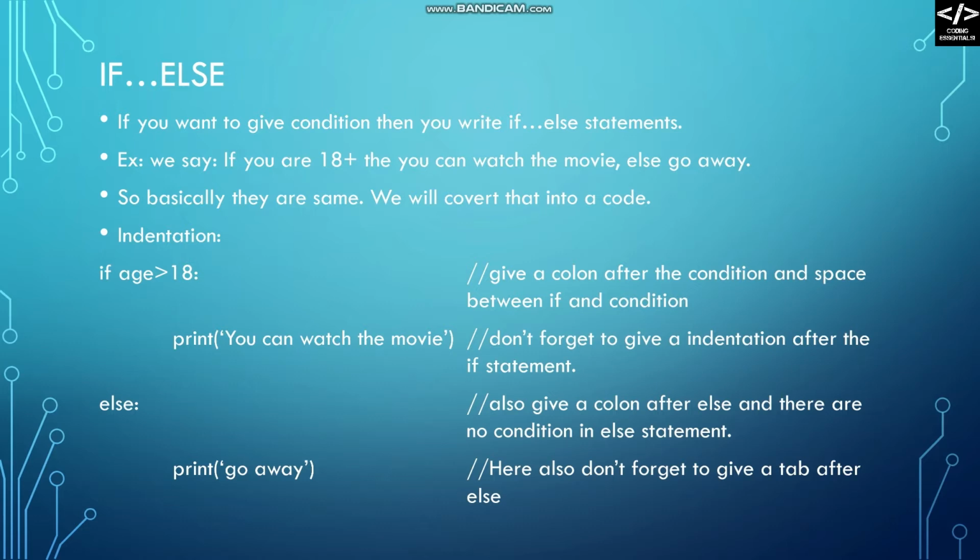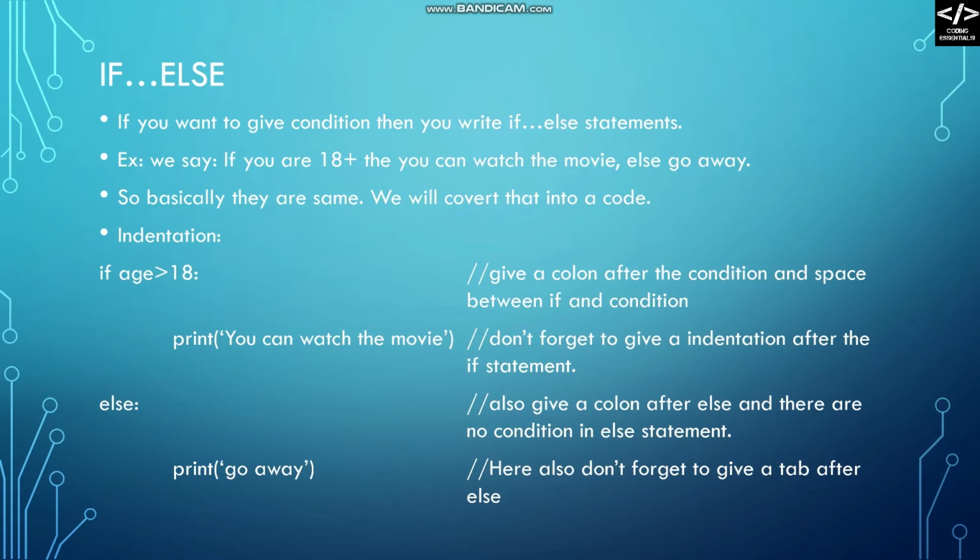Okay, moving on to else. So if you are 18 plus, then you can watch the movie, else go away. There is no condition in else. So else colon, then print go away. In else you have to give a colon, and there is no condition in the else statement. Remember that. If the if is false, then it will give the control to else.